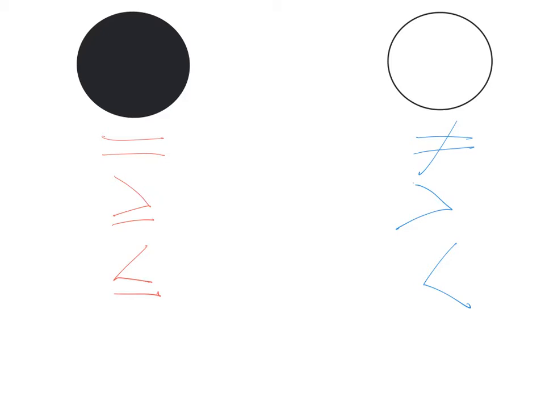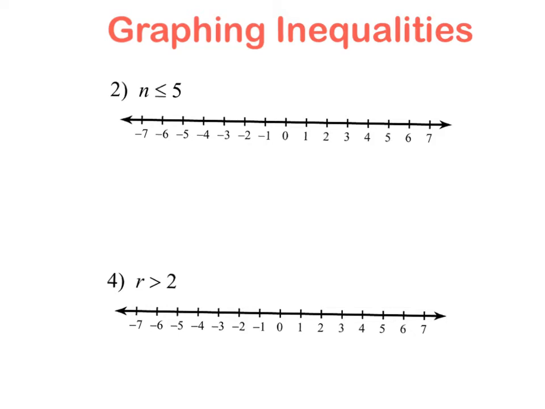Now let's apply this to a few problems. The first thing I recommend when graphing inequalities is to read the problem out loud, and if the variable is not first in the inequality, to flip it so it is first. In this one, it is first, so we are good to go. We always read left to right, just like you read a book.